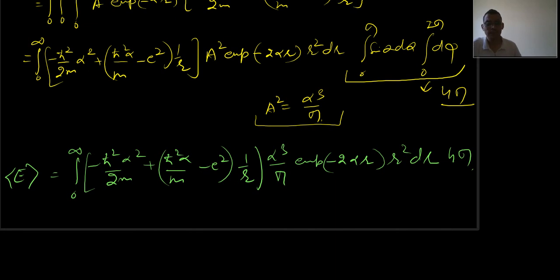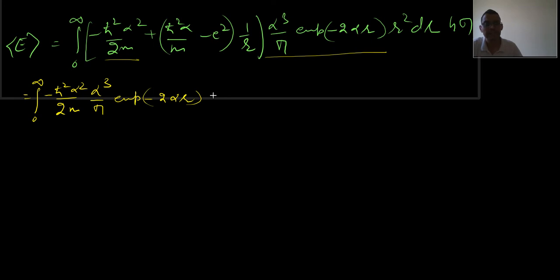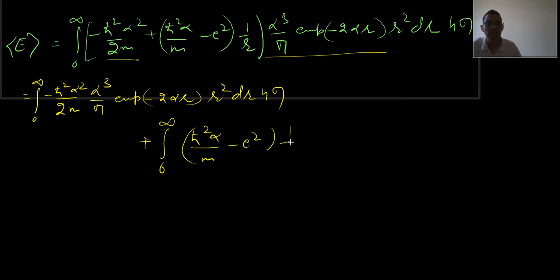Right, so let me rewrite this equation again. This is equal to 0 to infinity minus ħ² α² over 2m, α³, means I multiplied this term with this term and then the rest of this part, so it is α³ over π exponential minus 2αr, r² dr and 4π, plus 0 to infinity, it is ħ² α over m minus e², 1 by r.